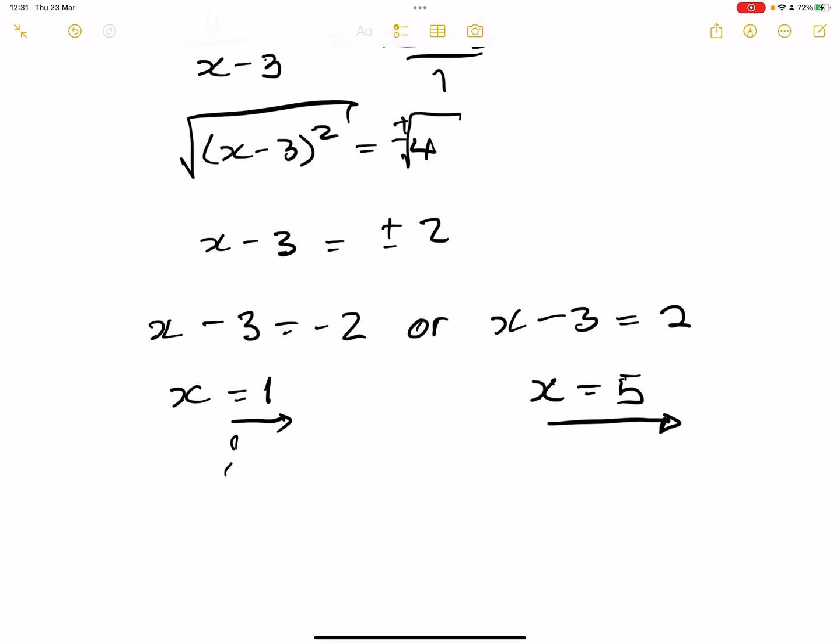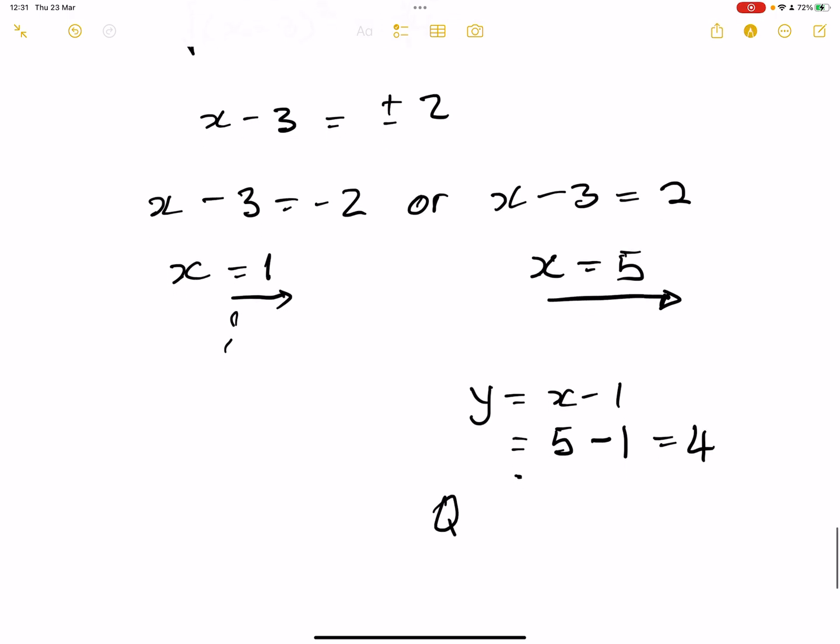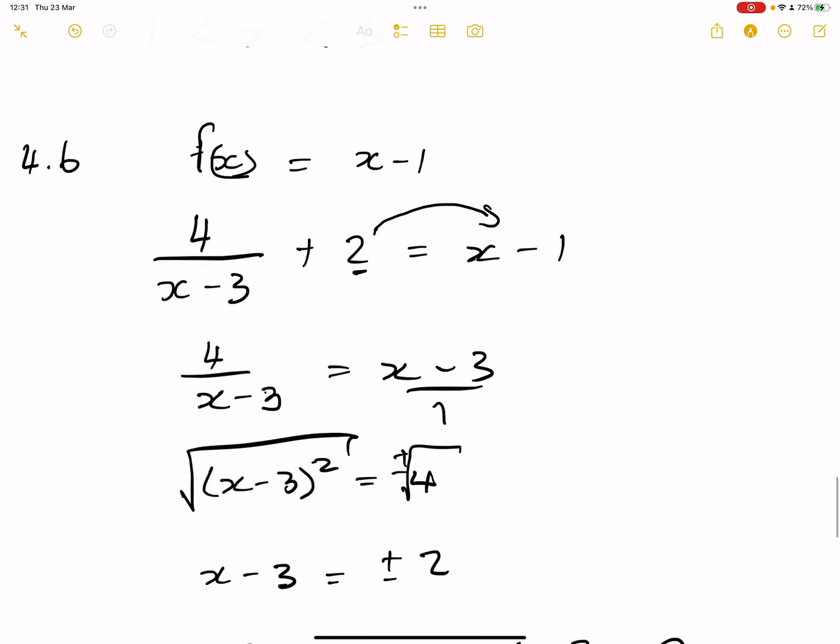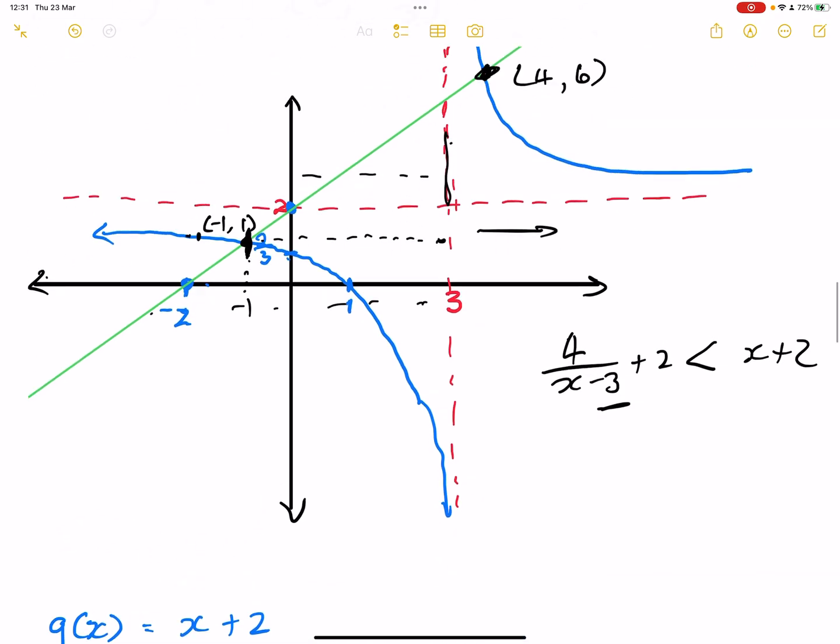So you take either one of the two equations. I'm going to take y is equal to x minus 1 because that's one of the graphs. So in this case, that's going to be 5 minus 1, and that would be equal to 4. So which means the point Q is 5 and 4. That is how the cookie crumbles, right?